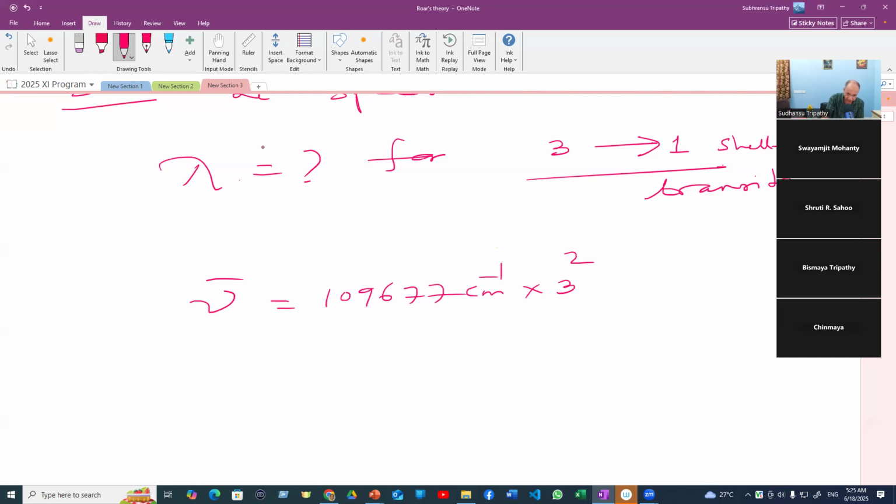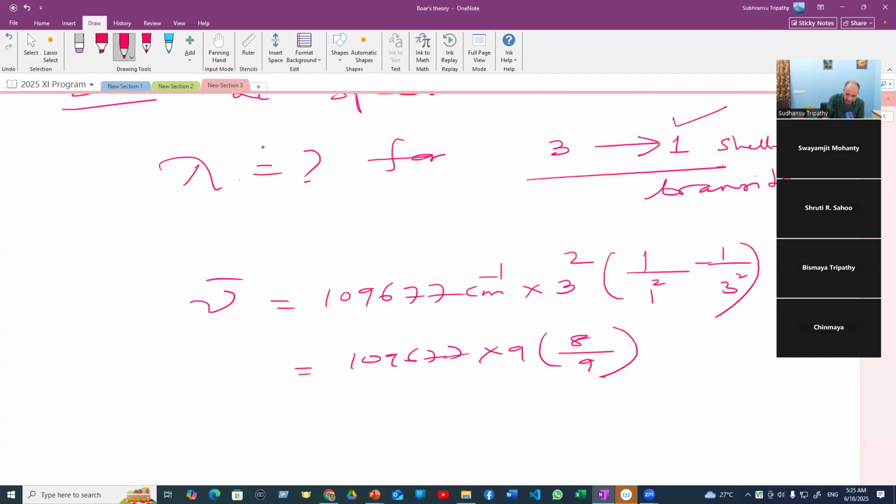And into it, the lower shell n1 is always 1. So 1 square minus 1 by 3 square. You can calculate the value: 109,677 into 9 into 8 by 9.